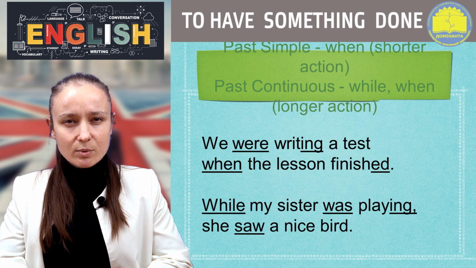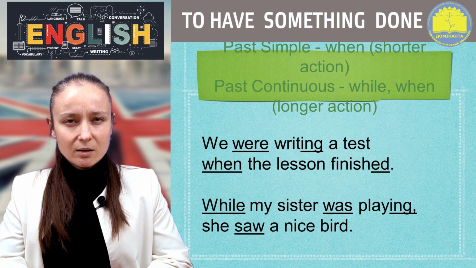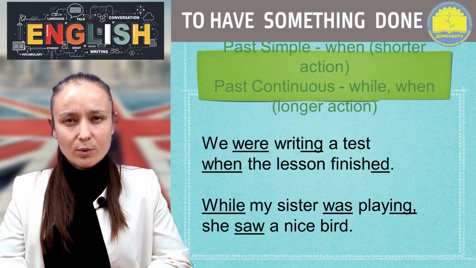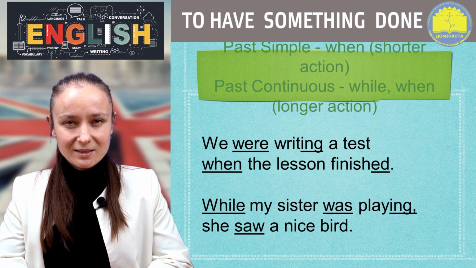In this case, we should use the past continuous for an action in progress, which is longer, and the past simple for an action which interrupted another action. It is a shorter action.